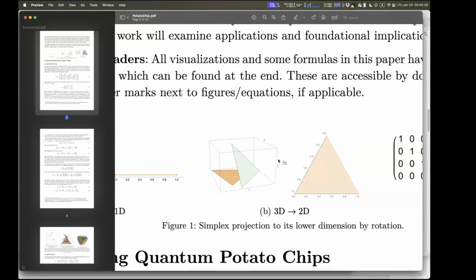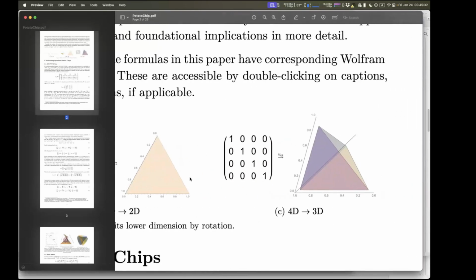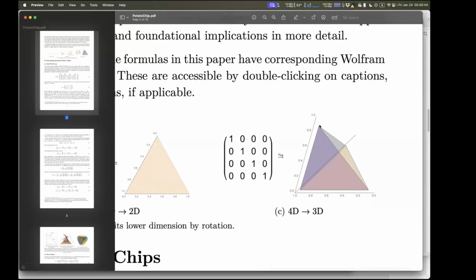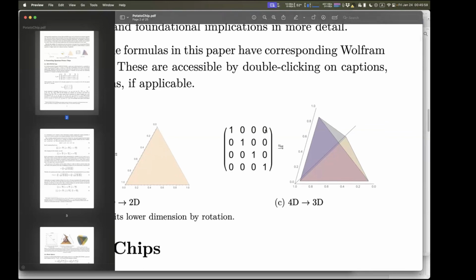The relevant dimension here for the qubit is four-dimensional, because when you project it, now you can't really similarly visualize the rotation itself, but you can visualize the final result, which is the tetrahedron, the projection of that four-dimensional probability space to 3D. So now you have a three-dimensional shape, a tetrahedron, that corresponds to the projection of that four-dimensional probability space to 3D, right?